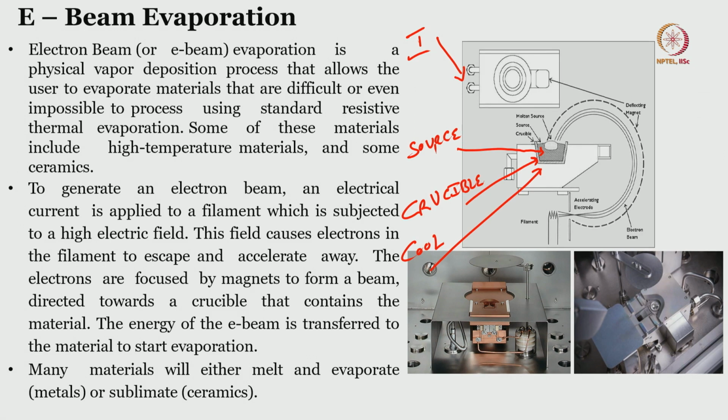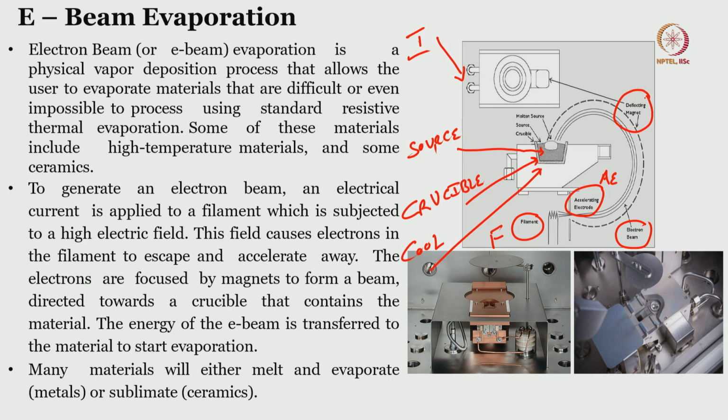Now, how are the electrons generated? From the filament, F, the electron beam is generated, and this beam is accelerated by the accelerating electrode, AE. You can see here the electron beam that is generated and accelerated. Once it accelerates, there are deflecting magnets.